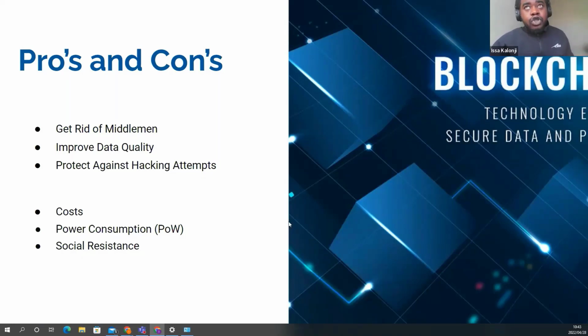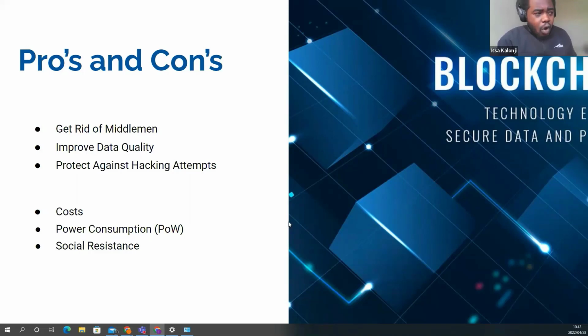But that only holds true for proof of work protocols, something like Bitcoin, Litecoin, and so forth. However, when you look at the more modern blockchain protocols like Hedera Hashgraph, they use validation concepts like Byzantine as well as proof of stake. That significantly reduces the amount of power consumption.